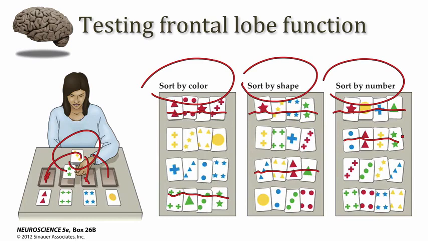So the way this might go, for example, is that the experimenter may decide that the sorting rule is going to be by color. And so the subject begins to sort, and the experimenter may say correct, correct, incorrect, incorrect, incorrect, and with some number of negative feedback prompts, then the subject might realize that maybe the sorting rule has just changed from sort by color to perhaps some other scheme, such as sort by shape.